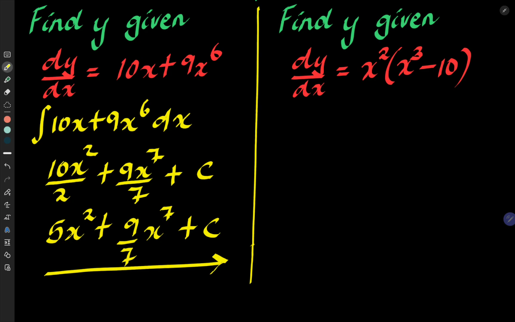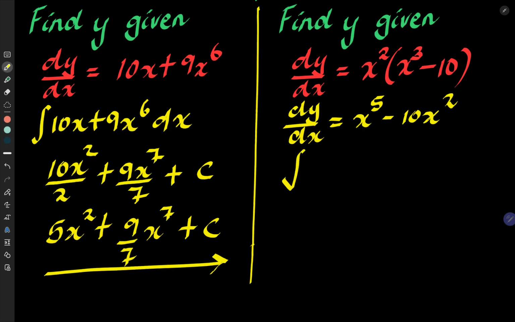Now, in this other example, we have x squared bracket x cubed minus 10. So what you want to do here before you integrate is to expand and simplify the bracket. That will be equal to x to the power 5 minus 10x squared. And then to determine the y, we integrate the derivative.